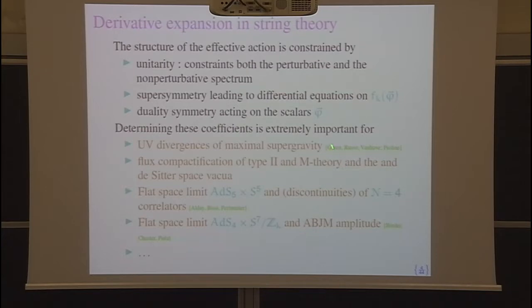So this is extremely important data. If you can construct all these automorphic forms, you know everything about the UV behavior of maximal supergravity in various dimensions.